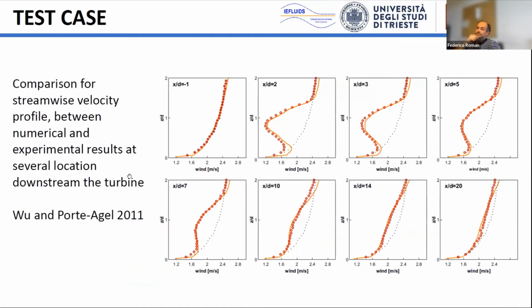These are some preliminary tests concerning the actuator disk model. In this case, the test was for a wind farm with respect to the work of Wu and Porté-Agel 2011. This showed the velocity profile from the large eddy simulation, the orange line, together with the experimental results.